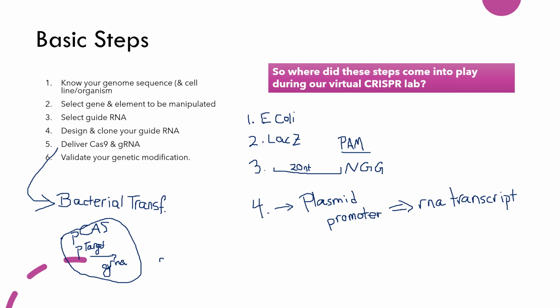So let's draw, here's a million base pairs of E. coli DNA. Here's LAC-Z in the middle of that million base pairs. And then we're going to express our guide RNA. It's going to bring Cas9 to the middle of the LAC-Z gene, and it's going to cut. And then, because non-homologous end joining or alternative end joining in E. coli is sloppy, there'll be some mutations introduced, some indels, some small additions or insertions.